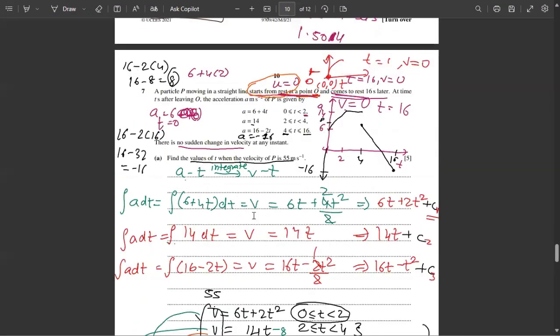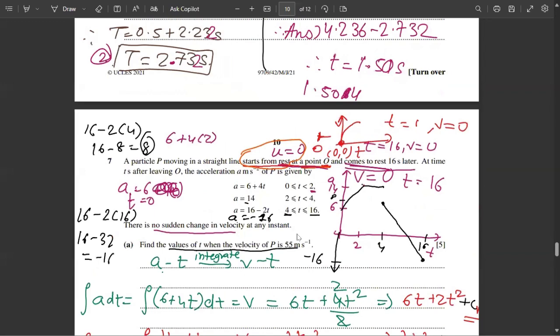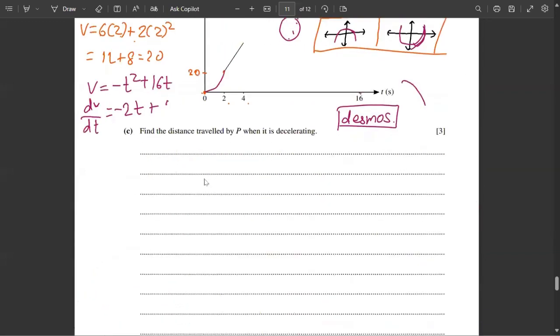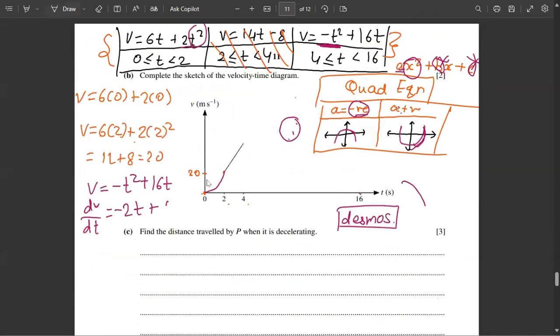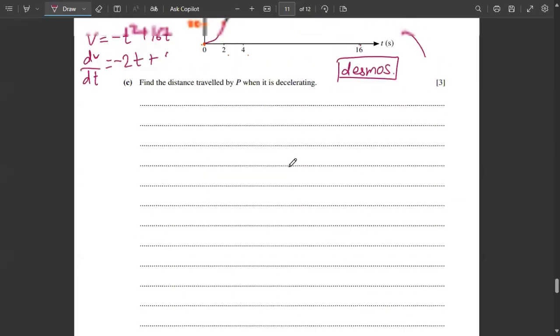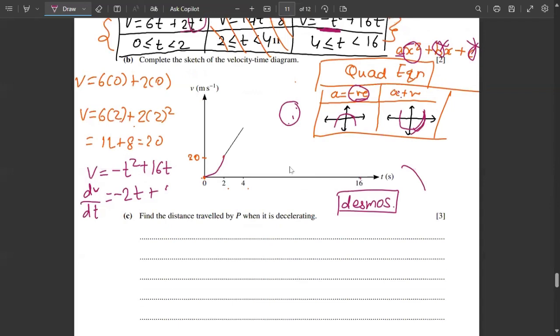And now that we know that when the time is 16 seconds, the velocity comes to 0, we can also say that this point right here is somewhere what we have to touch. But now, can we just make the diagram like this, or does it have to be something like this? So for that, we need to find the highest point of this graph.